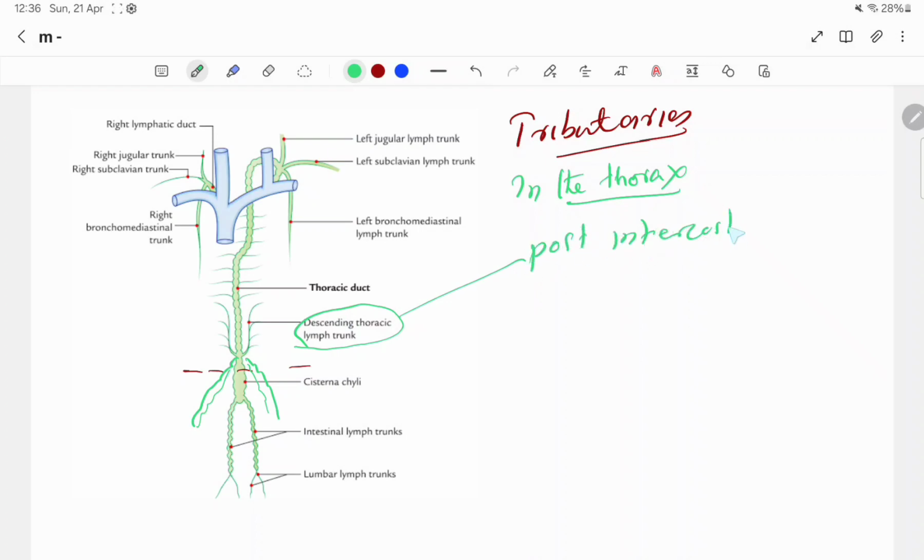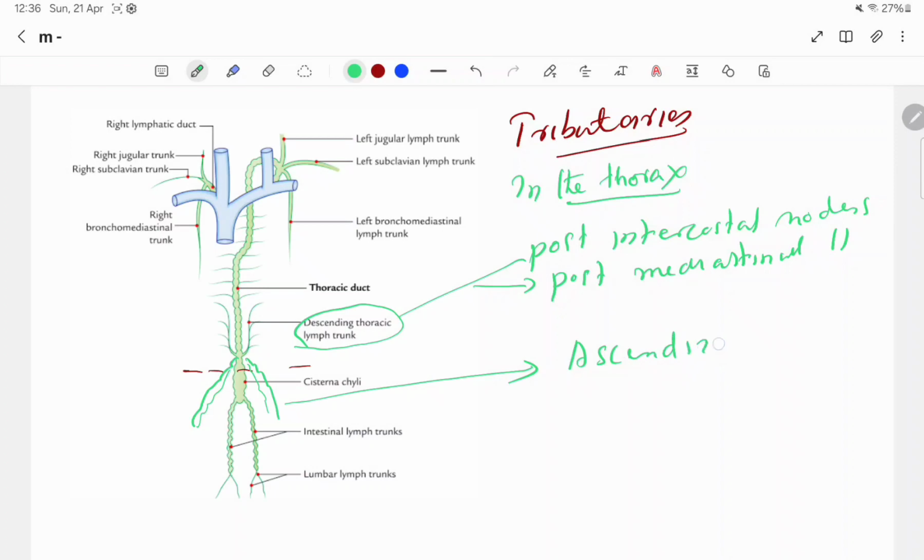From the posterior intercostal nodes, the lymph drains into the thoracic duct through these descending thoracic lymph trunks. There is also lymph coming from the posterior mediastinal nodes, and a pair of ascending lumbar lymph trunks.